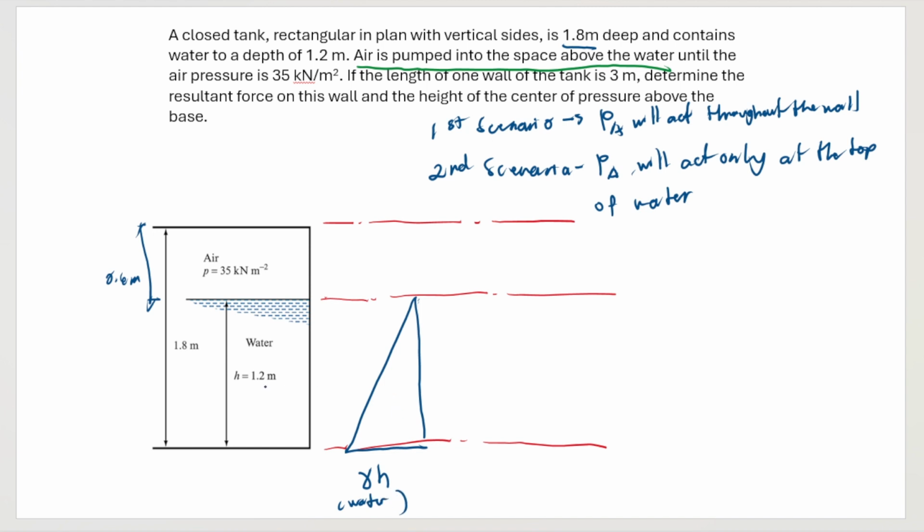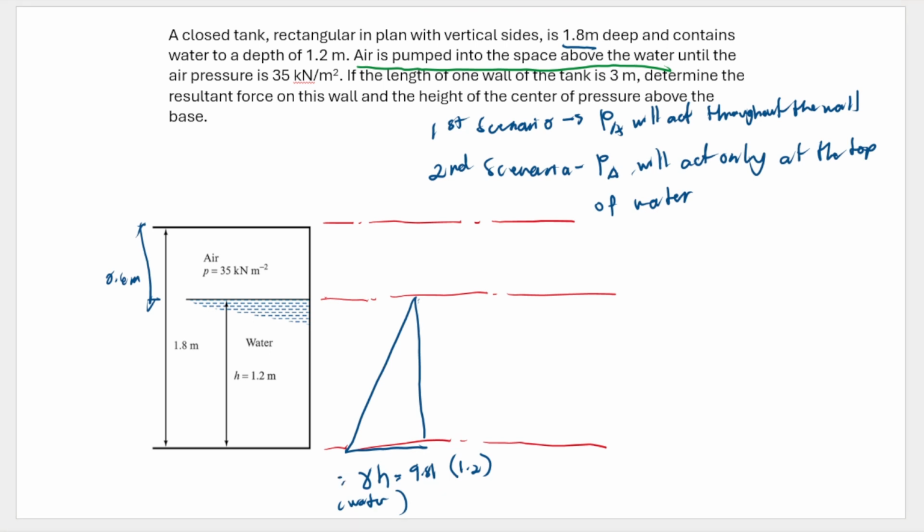Then we have the height of 1.2 meters. Okay? This is our height. So, gamma H here is equal to gamma, this is 9.81, multiplied by the height of 1.2 meters. Okay? That is our base, no?